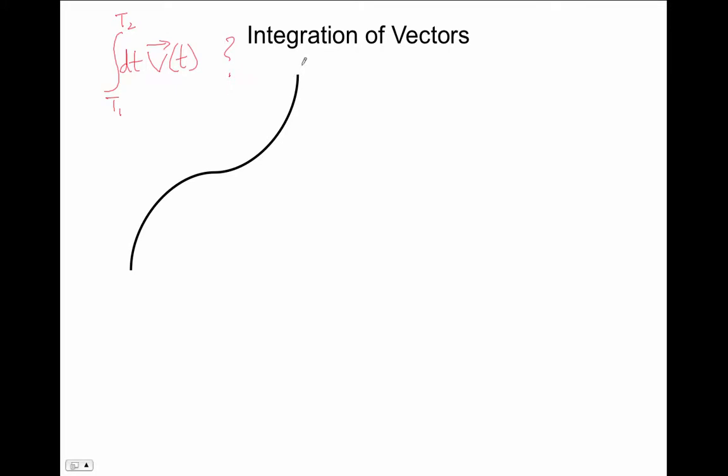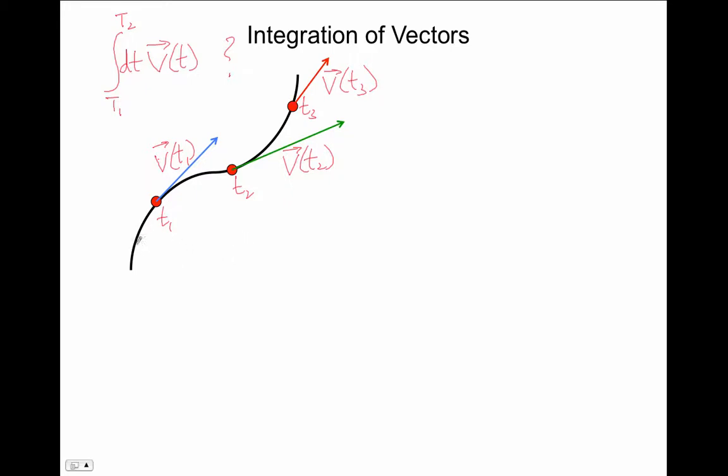Some particle moves on this. So here is the particle at time t1. Its velocity vector at time t1 is this. At a later time t2, it's here. Its velocity vector is v at t2. And then at a still later time, it's at this point over here. Its velocity vector here is v of t3.